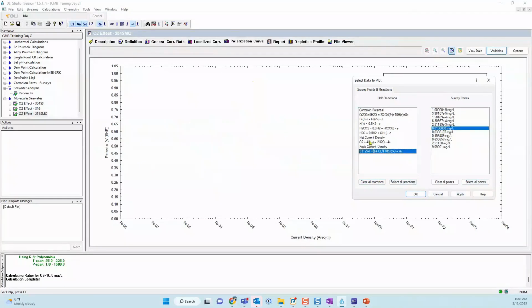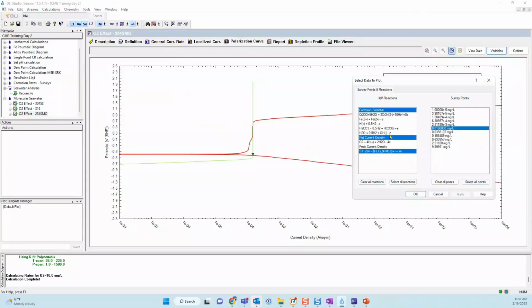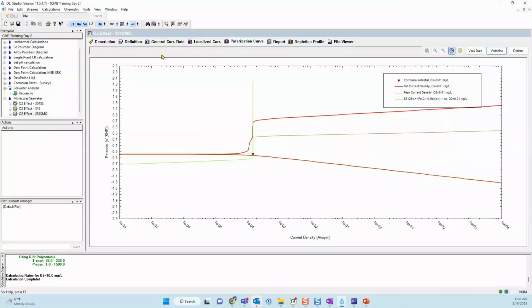Let me just add less stuff to our conversation here. Which alloy is this? 254? 254, okay.